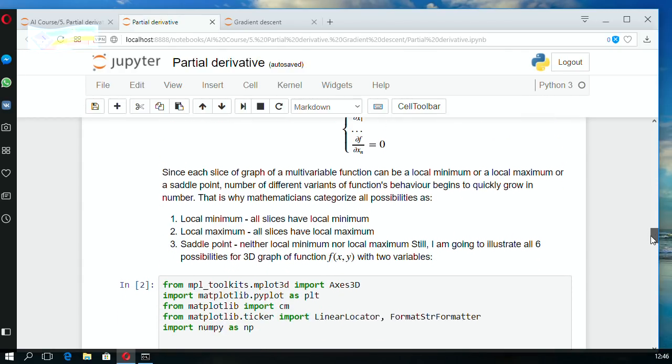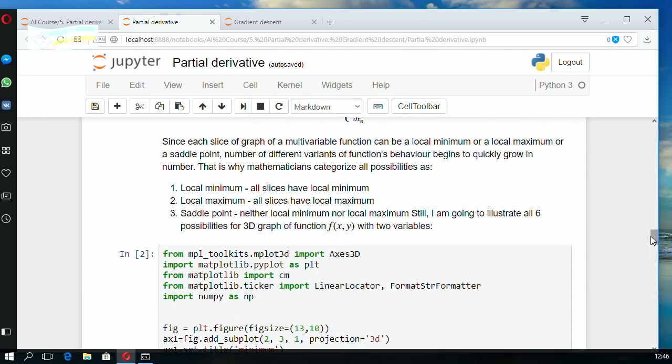And actually, because each cut of this graph, each two-dimensional graph that we take from this multi-dimensional graph, can behave like a maximum, minimum, or saddle point, the number of different combinations is growing. For example, we can have a saddle point and a minimum and a maximum, and those are all different combinations.